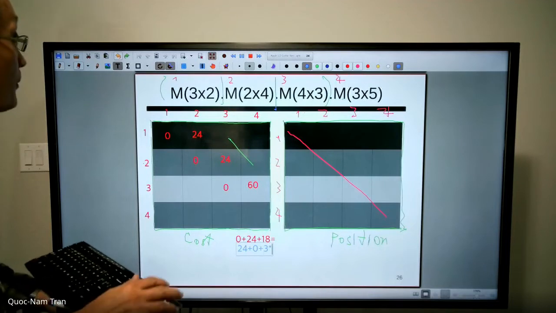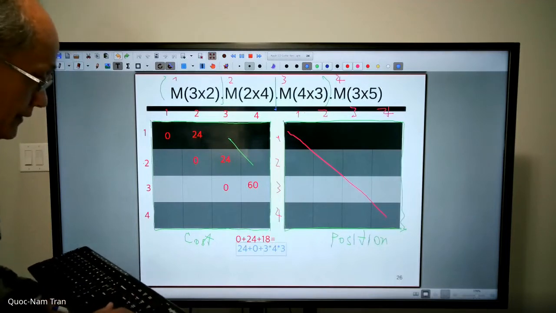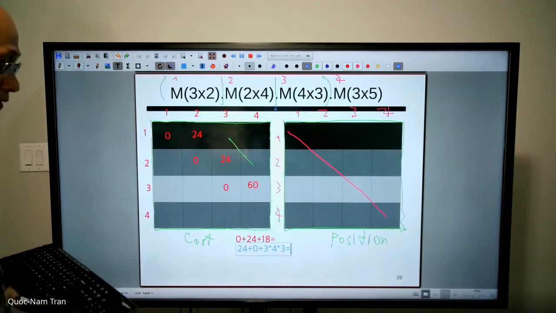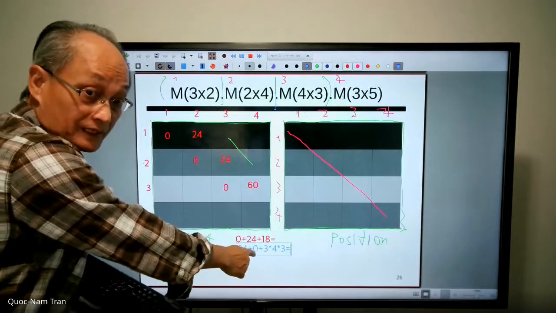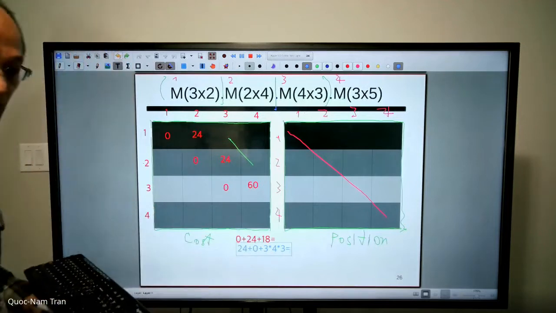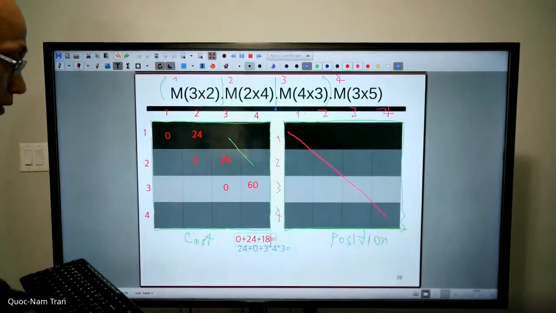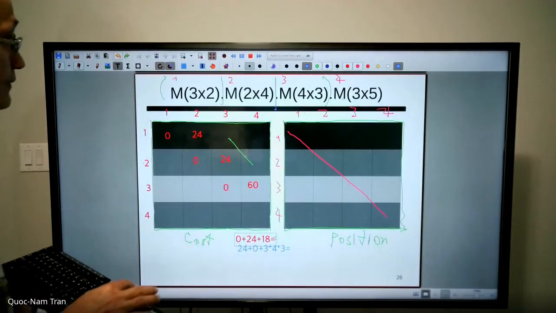3 by 4 by 3. So which one is bigger? 24. This one is bigger, right? So the smaller one will be this, 24 plus 18. So that's it.